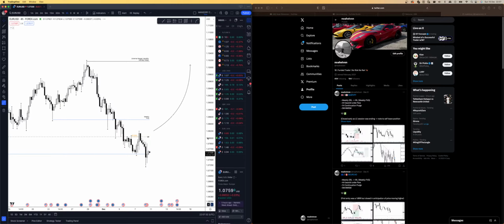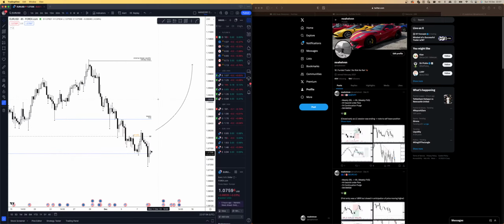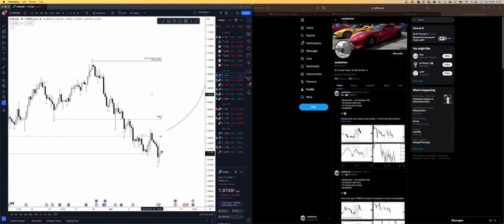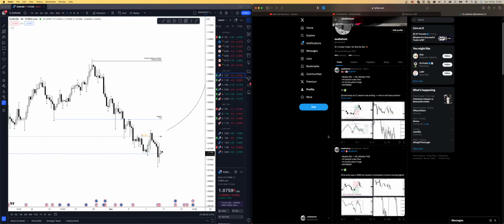So that's sort of the standard of what everyone does, but I do it a little bit different. So pretty much what I'll do is I'll figure out where price is going on the weekly, and then once I've sort of figured that out, I'll then trade towards it using 4 hour market structure, and also then 1 hour continuation purges, right? So pretty much we'll do this.